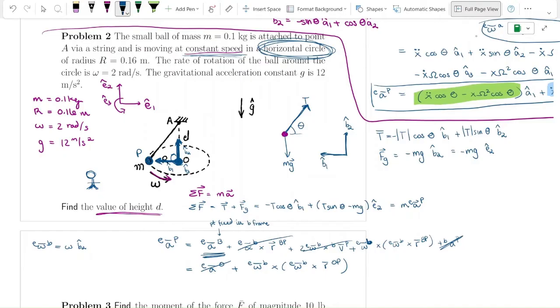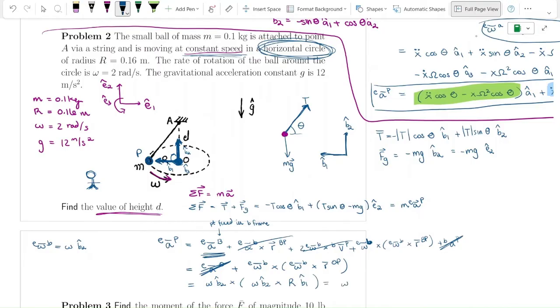And it is also very convenient because we can eliminate this term. So really our expression is just this. So this becomes omega B2 hat crossed with omega B2 hat crossed with ROP. So the distance from O to P is going to be a distance, it's going to be R along the B1 hat vector.